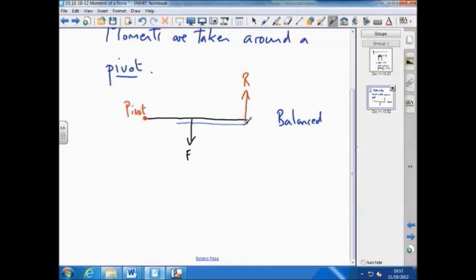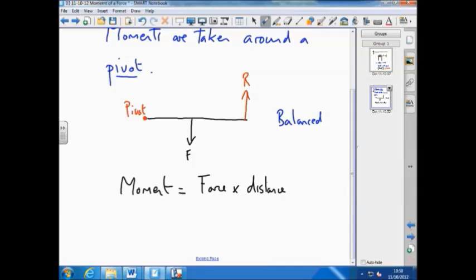So we define this thing called the moment of the force, which is the force multiplied by the distance the force is away from the pivot. So the moment is defined as force times the distance, and that distance is measured from the pivot.